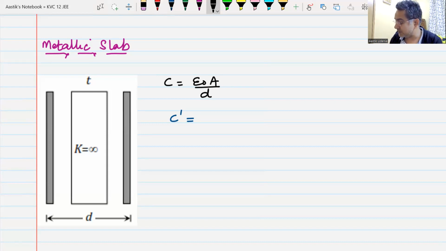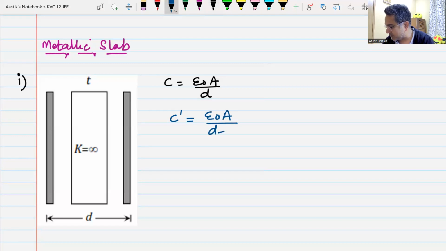This is case number one. The answer would be epsilon naught A upon D minus T. Yes or no?